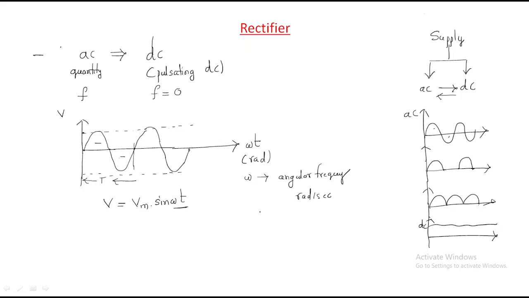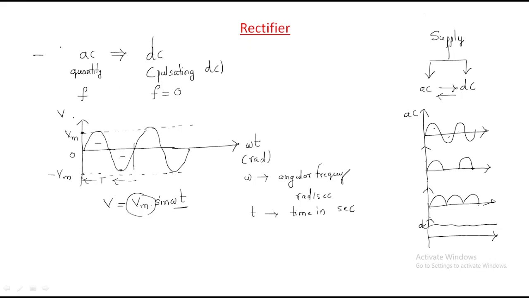Time is in seconds. And Vm is the maximum voltage. On the positive side it is represented by the maximum point Vm, and on the negative side by minus Vm. This is the representation of any sinusoidal waveform.